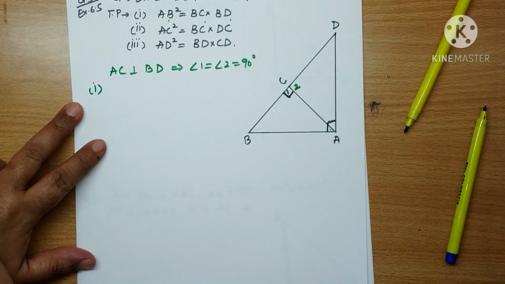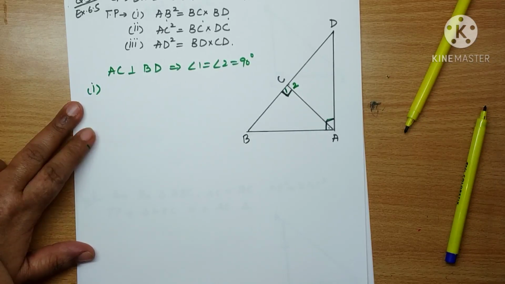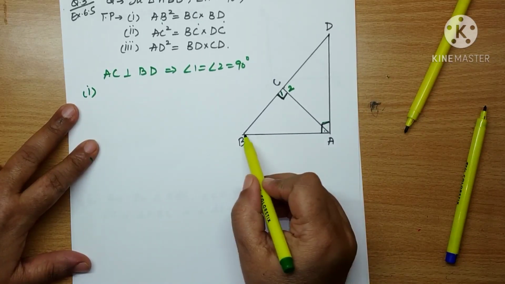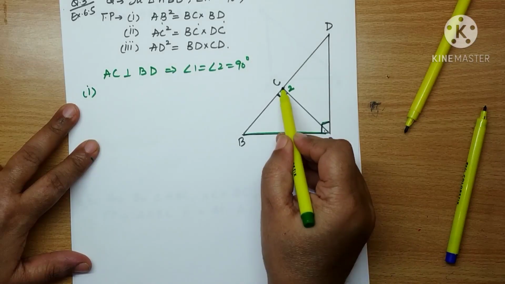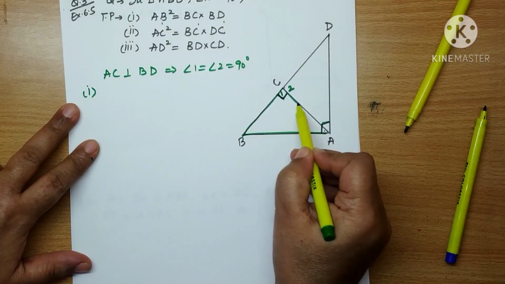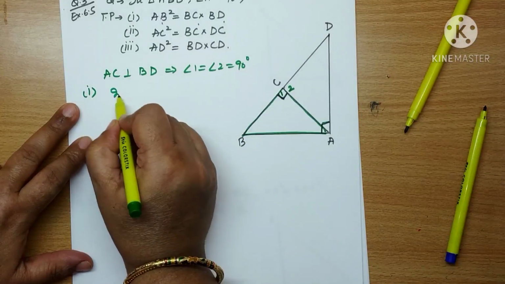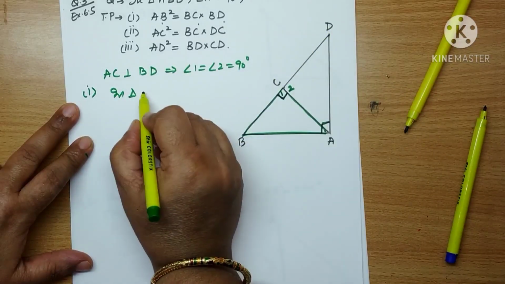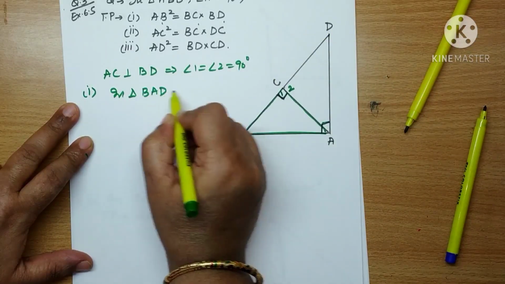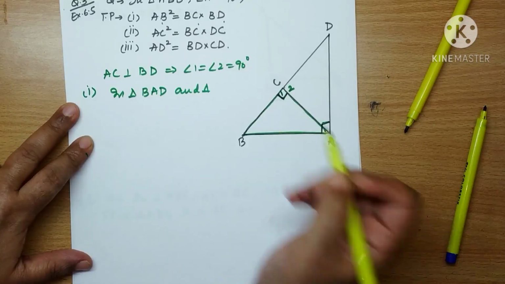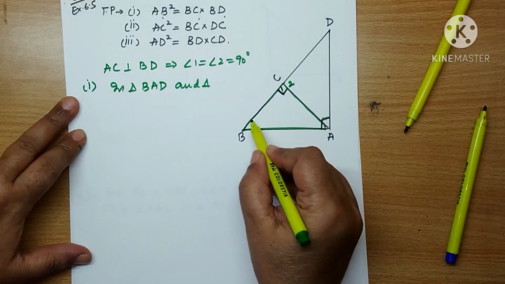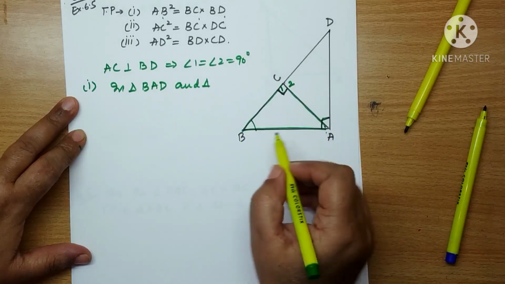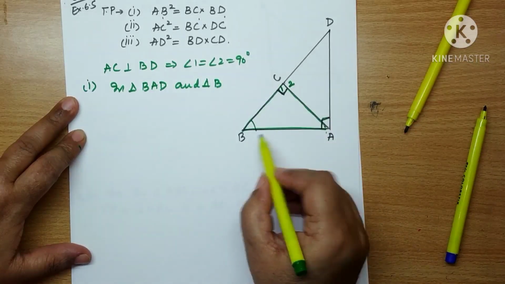Again, similar kind. Just like question number 2, I'll have to prove those two triangles similar of which AB is the common side. Now AB is the common side of the smaller triangle and the bigger triangle. So in the bigger triangle, I'm writing the name as BAD, triangle BAD and triangle. Now observe, angle B is common in both, right? So B and B will go.